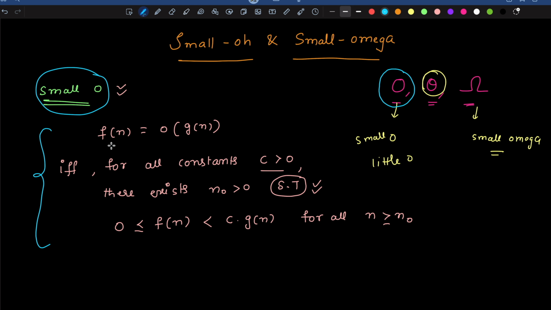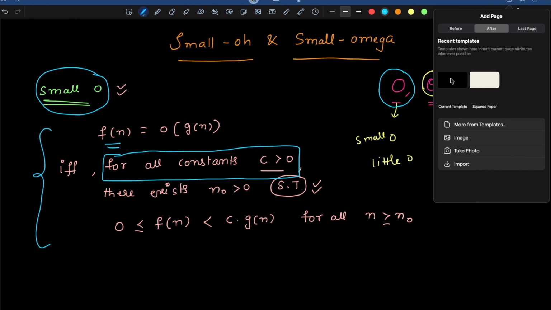We can say that f of n is equal to small o of g of n if and only if, and the important thing here is, for all constants c greater than 0, there exists n0 greater than 0 such that f of n is always greater than or equal to 0 and g of n is strictly greater than f of n for all values of n greater than or equal to n0. So what is the difference between the big O and the small o? Let's go and understand the key differences between both of them.